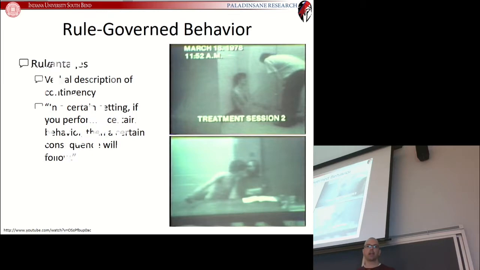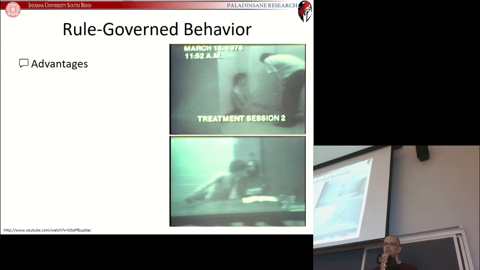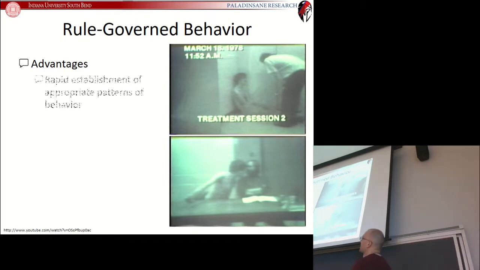So what are some of the advantages of using these verbal descriptions? Well, the first advantage is that using a rule, a verbal description of a contingency, can give you a rapid establishment of the appropriate patterns of behavior.